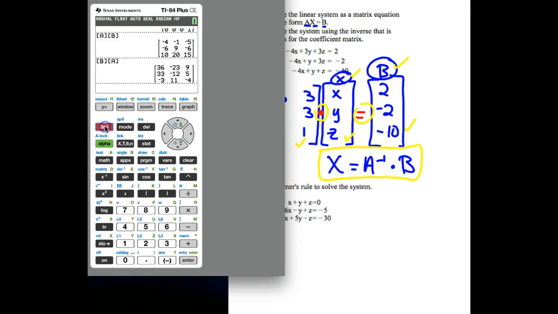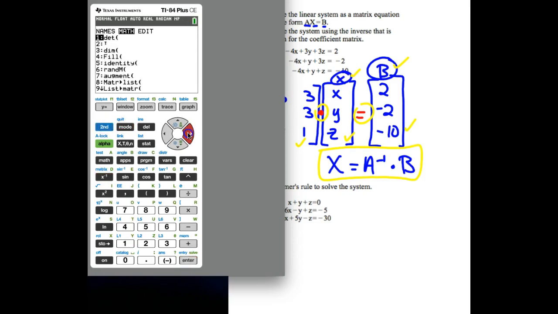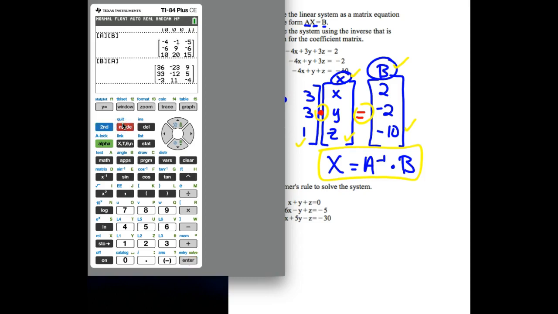Quit out of that. Go back into your matrix screen. This time we're going to edit our second matrix. We are going to make matrix B be a 3 by 1. So just a column matrix. We need numbers 2, -2, and -10. Okay, so we've got the two matrices stored in there. Now we want to do the inverse of A. So I'm going to go back into matrix and name it.